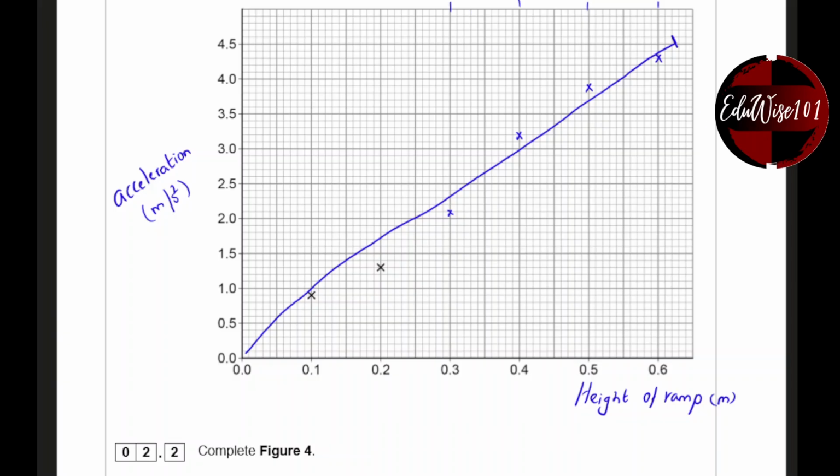Let me get rid of that line. Now if you were to use a ruler, the line should be straight somewhat like this, and that is slightly better. So make sure that you use a ruler to draw a straight line going through 0.